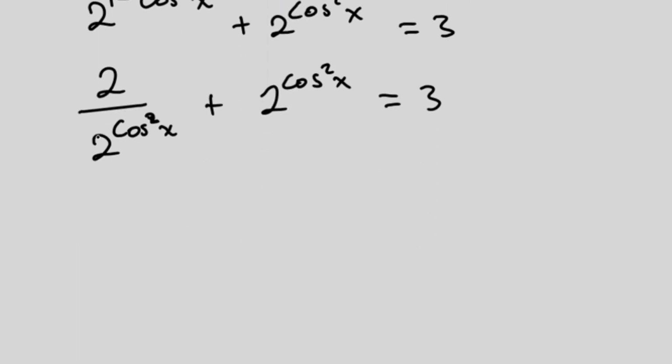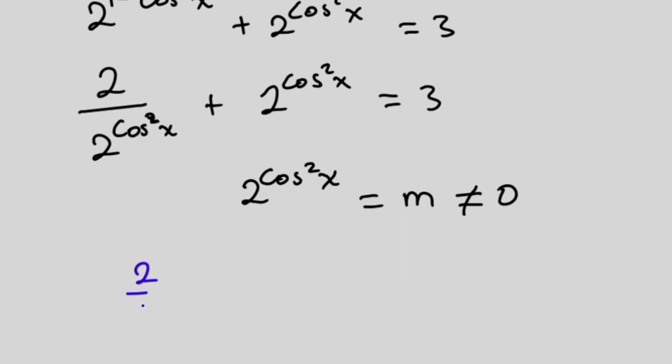Now, since this is not equal to 0, let's replace it with a certain variable. Let's call it m. So we have 2 to the power cos squared x is equal to m, where m is never equal to 0. So the equation now becomes 2 divided by m plus m is equal to 3.